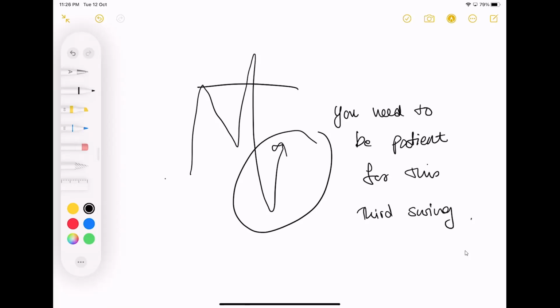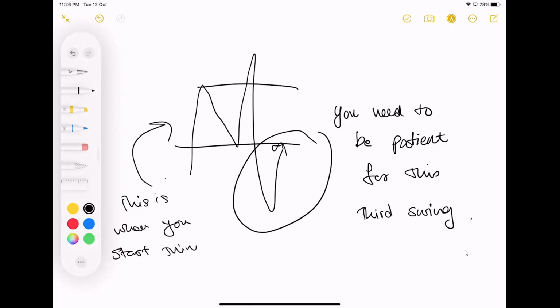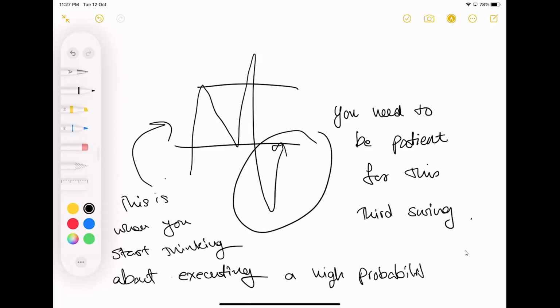Once price returns back into this range, this is when you start thinking about executing a high probability trade.